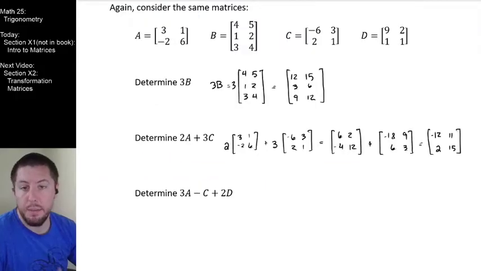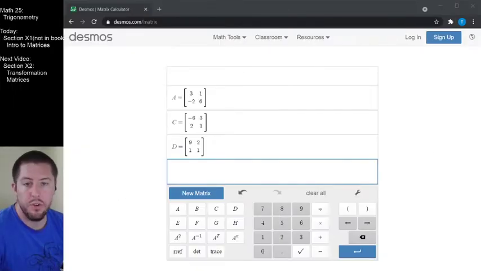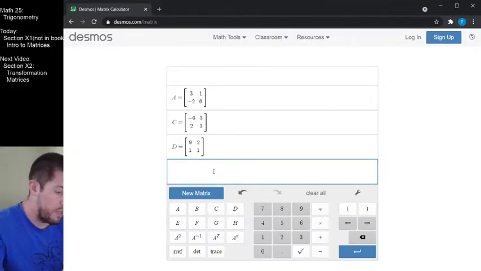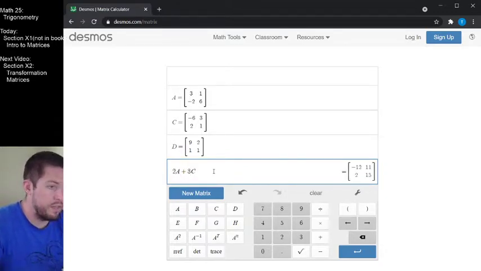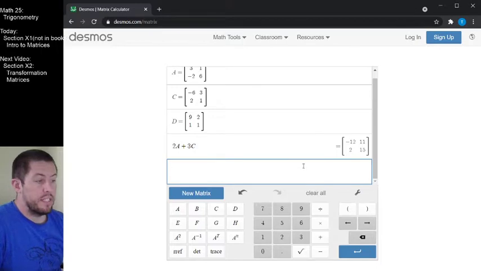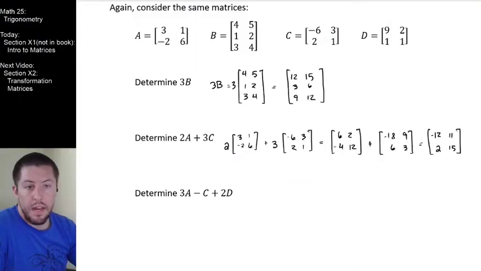So let's double check that this works: 2A plus 3C. Let's do it over here in our matrix calculator. 2A plus 3C, and I'll hit enter, and it's giving us negative 12, 11, 2, 5. Negative 12, 11, 2, 5 is exactly what we got when we did this a second ago over here.